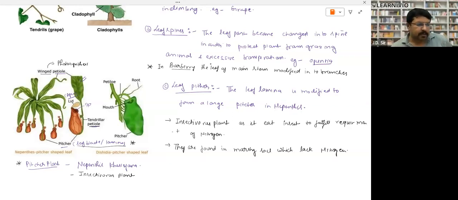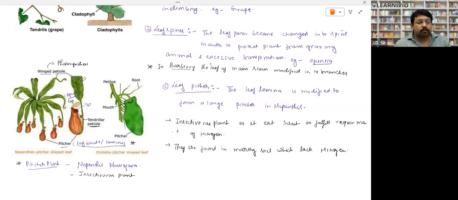Fine. Now, what question is being asked in medical exams? The pitcher of the Nepenthes, or pitcher of the pitcher plant, is a modification of which part? Stem, leaf, branch, petiole, lamina, what? Right? Look, every plant, this is an insectivore plant.